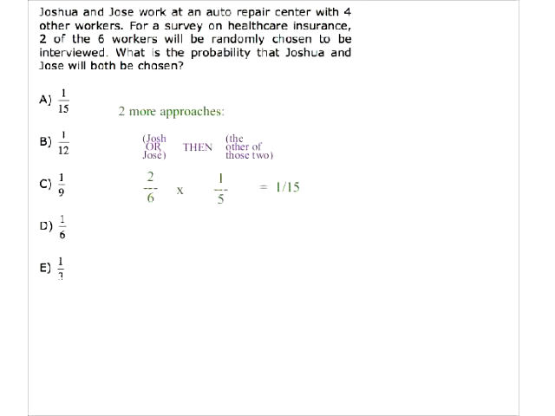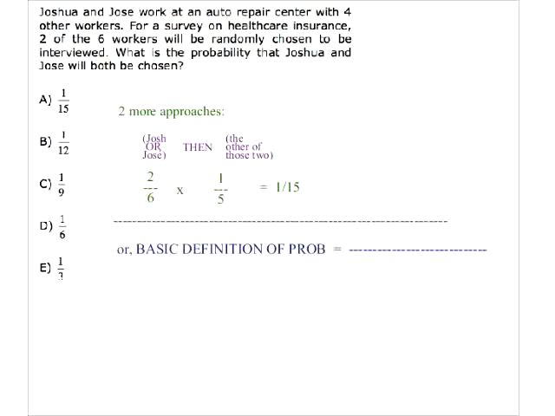Another way that you can do this problem is to use the old list and count method. The basic definition of probability is number of successful outcomes out of number of total outcomes.